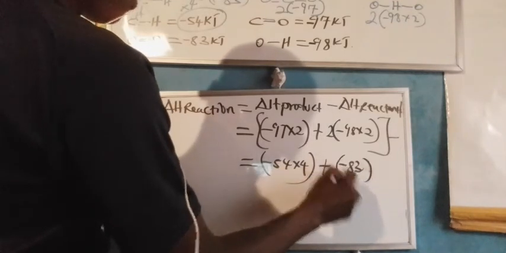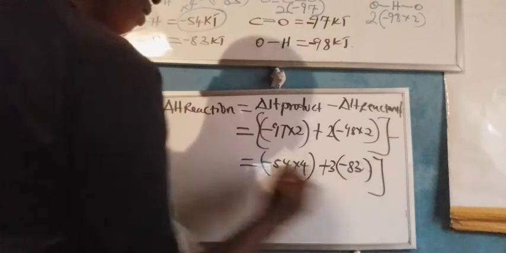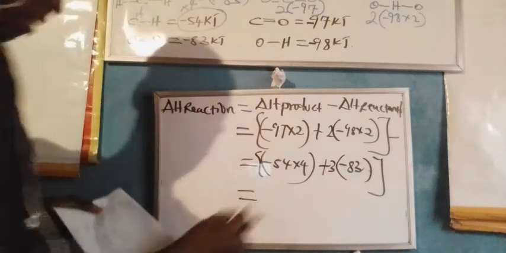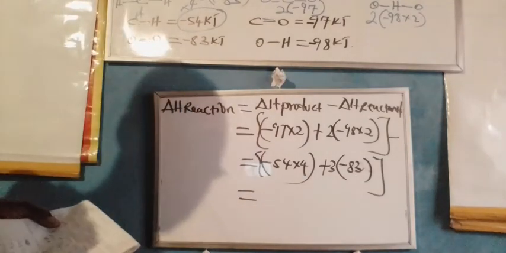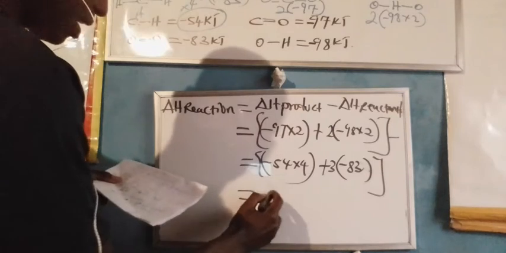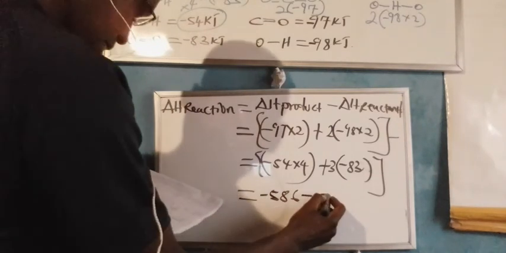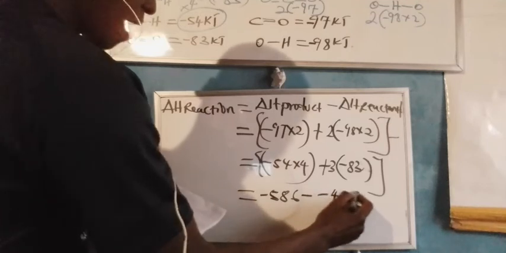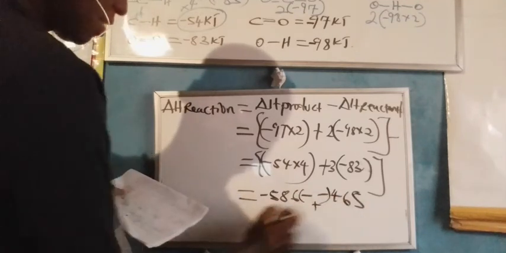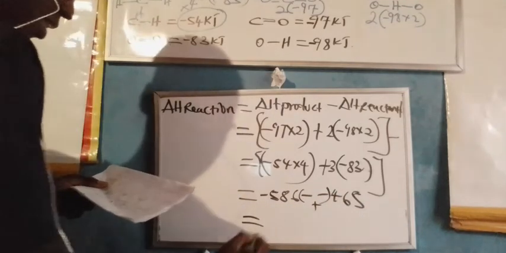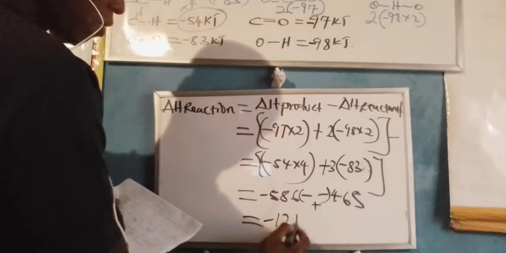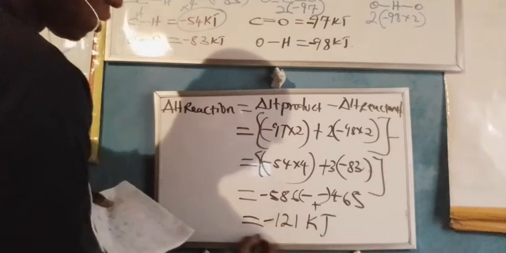So I'll put that outside the bracket. And then as we do the computation, what we get is negative 586 minus negative 465. Negative and negative gives us plus. The overall value is negative 121 kilojoules.